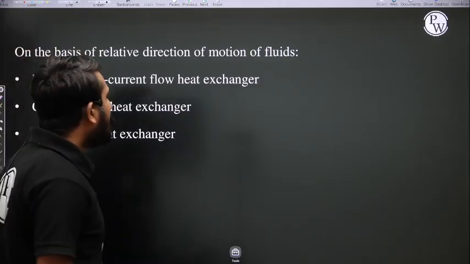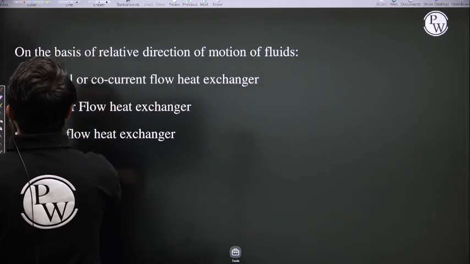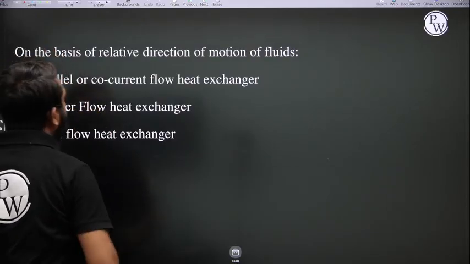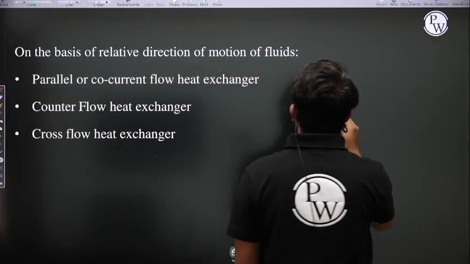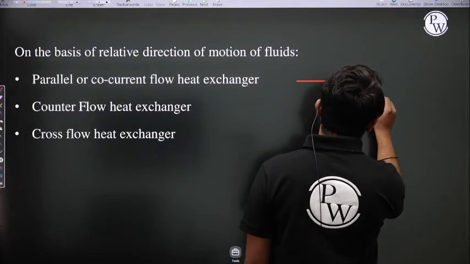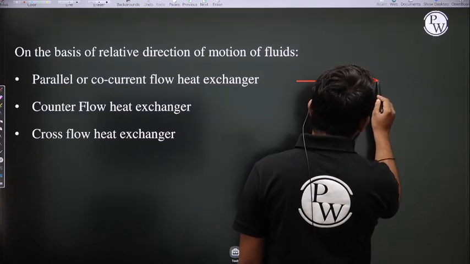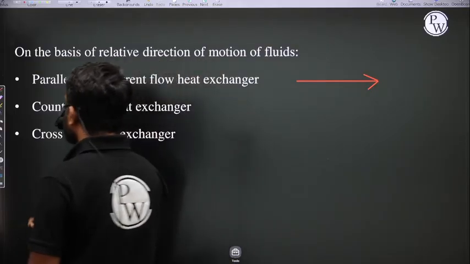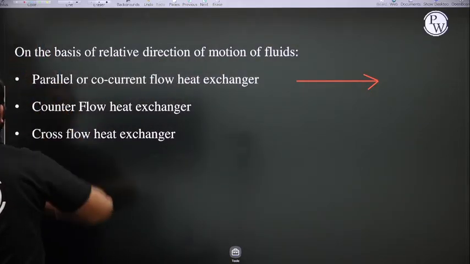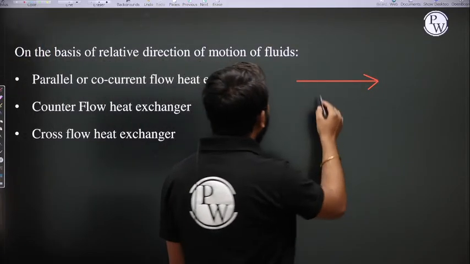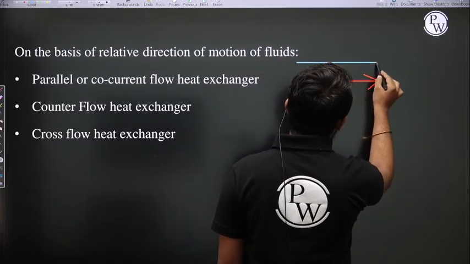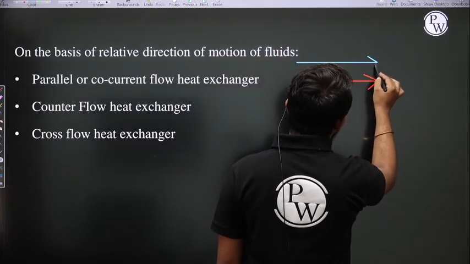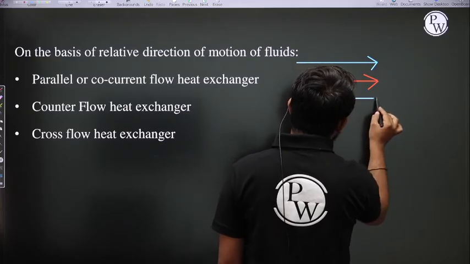So in a parallel flow heat exchanger, let us assume that the hot fluid is flowing in the positive x direction. Then the cold fluid is also flowing in the positive x direction.